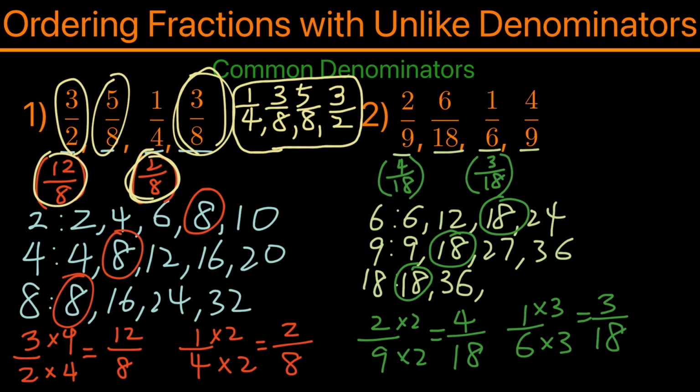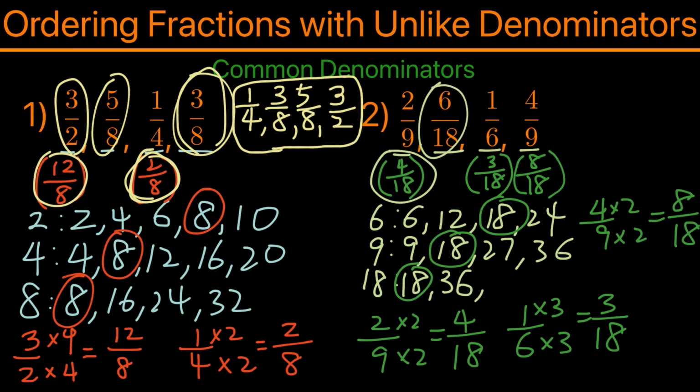And lastly, we have 4 over 9, and we're going to need to times that by 2. Then we have 8 over 18. So now we're going to go ahead and do the comparison between the 4 fractions. The smallest number will be 3 over 18, which is 1 over 6.